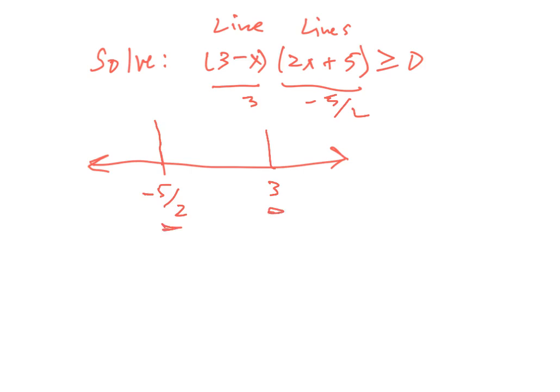Now, on the last problem, I kind of talked through a way to figure out the sign in each of these regions. But if we have different lines here, what's important to know is that they change sign at exactly one point, which means whatever the signs are over here, when I move into this region, exactly one of them will change signs.